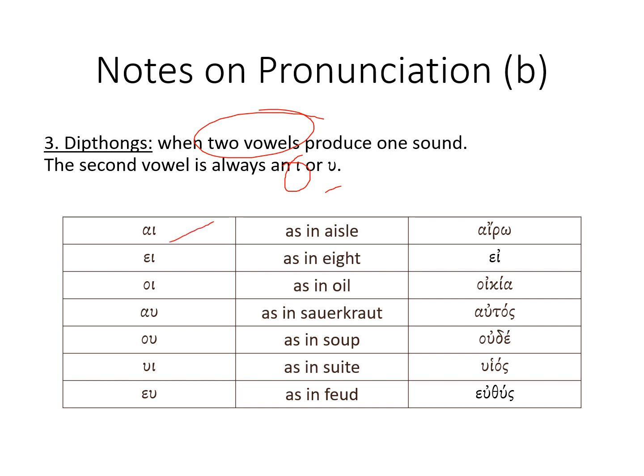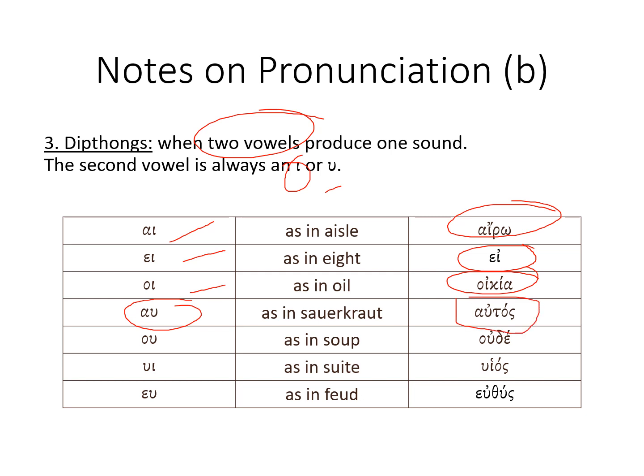Ai is as in aisle, and this is the Greek word airo. Ei is as in eight. Oi is as in oil, oikia means house, oikia. Au, as in sauerkraut, and autos, an important word here, autos.